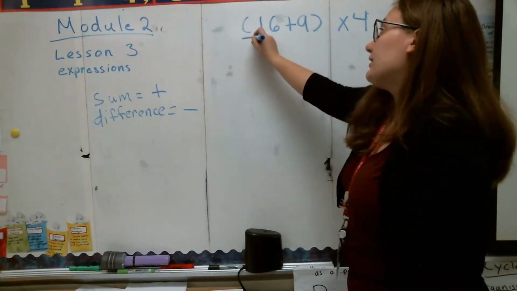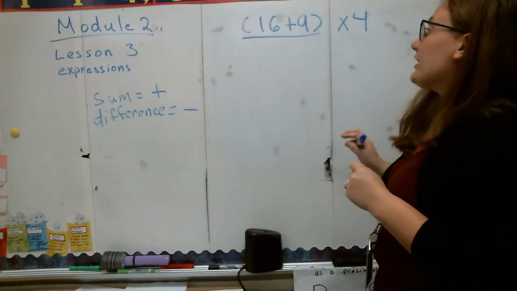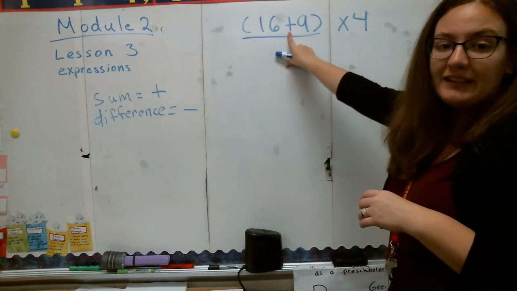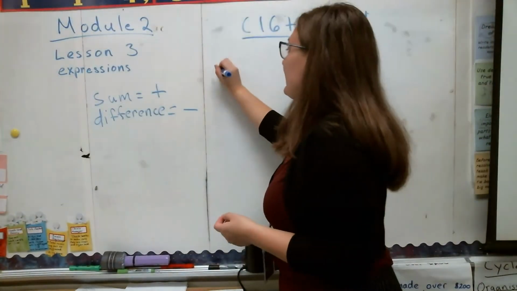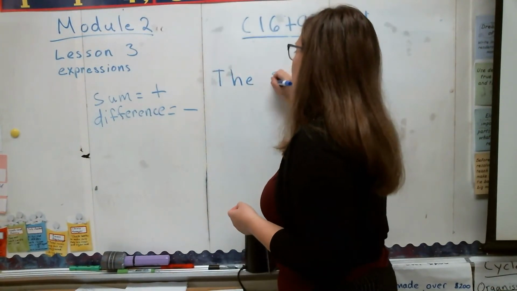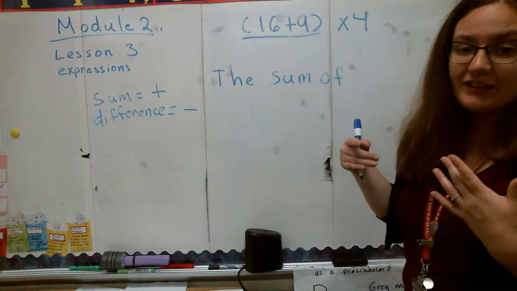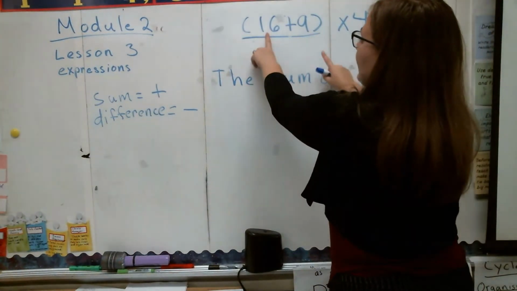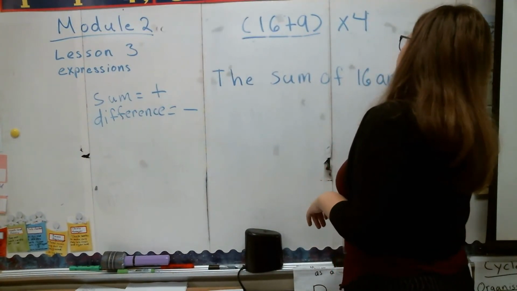So I'm going to start with my parentheses section first this time. I see that I have a plus sign, and that plus sign means that I'm finding the sum. So what I'm going to do is write the sum of, and look at what numbers I'm finding the sum of. I'm finding the sum of 16 and 9, so I'll write those, 16 and 9.